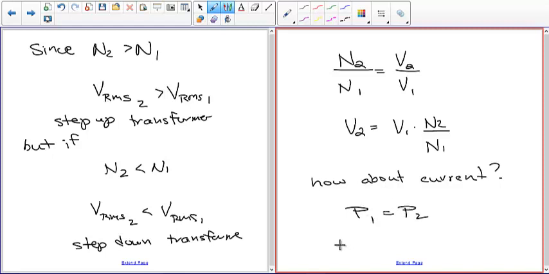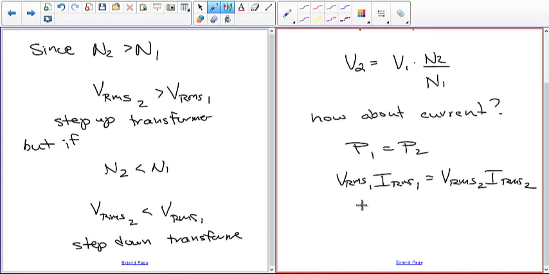So what we say is that the RMS voltage in the primary loop times the RMS current in the primary loop is equal to the RMS voltage in the secondary loop times the root mean square current in the secondary loop. So if you increase the voltage through the transformer, you have less current in the secondary loop. If you decrease the voltage, then you increase the current. So they go opposite of each other.